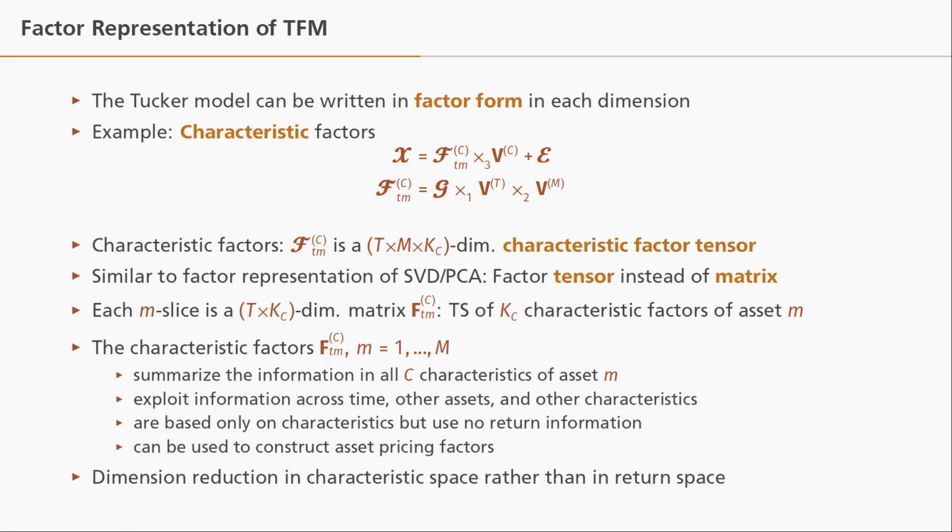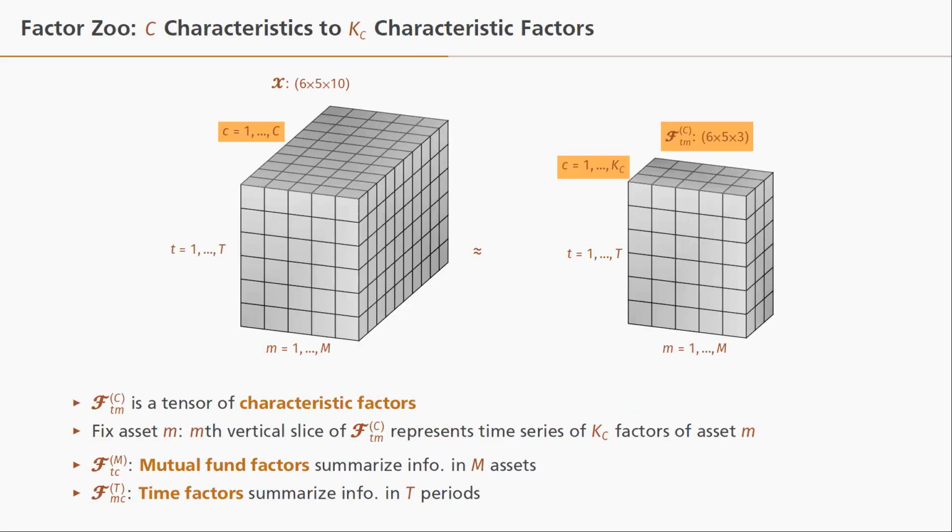So this factor representation in the characteristic space reduces the dimension from C characteristics to KC characteristic factors. One way you can think about this: this is the data tensor. I have T observations, M funds and C characteristics. And this factor tensor has T periods, M assets, but now only 3 factors.